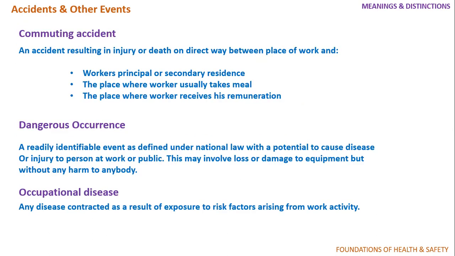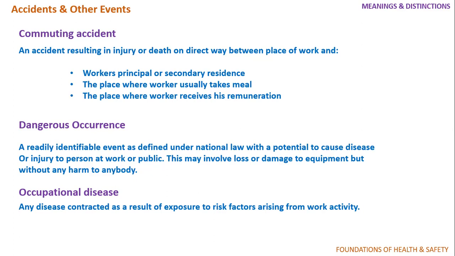Now the next definition we are going to see is the commuting accident. Commuting means traveling from or to the workplace. From this definition, we are going to see clearly: an accident resulting in injury or death on the direct way between the place of work and the worker's principal or secondary residence.